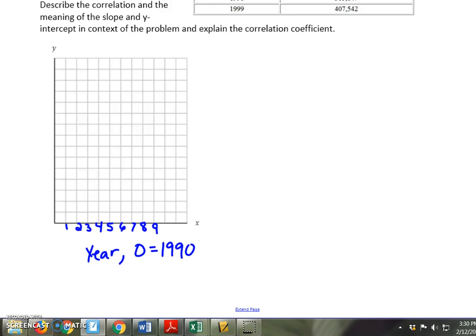Then here I'm going to start with 20, 22, 24, 26, 28, 30, 32, 34, 36, 38, 40, 42, 44.